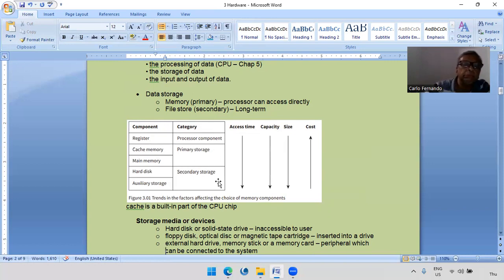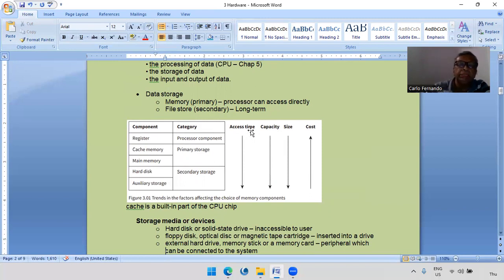What's the category? Processor component. Register is very tiny, like 1 byte, 2 bytes, or 4 bytes, like that. Very tiny. Register means area. In the CPU, in the processor, you have small data areas. They are called register.